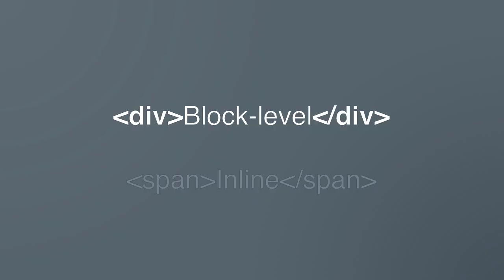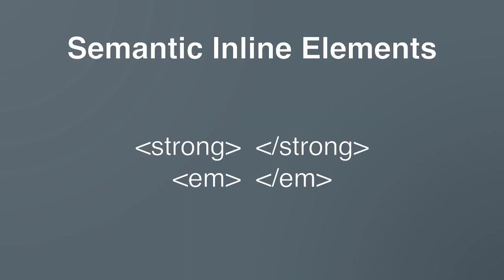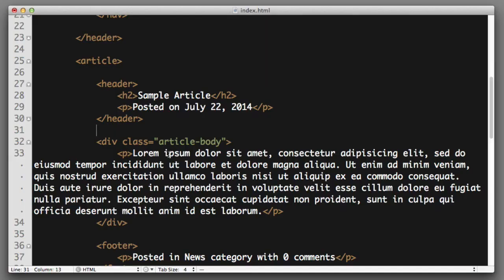So we've covered div, now let's discuss span. If the div element is a non-semantic version of header, footer, and article, these block level elements that we can use to chunk up the page, then span is a non-semantic version of strong or EM. So for example, what if we wanted the word ipsum?